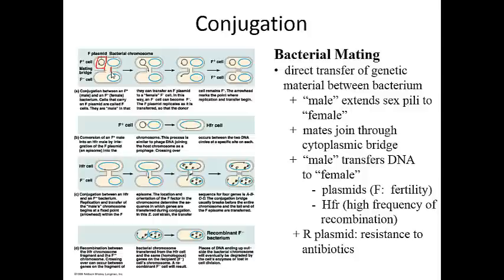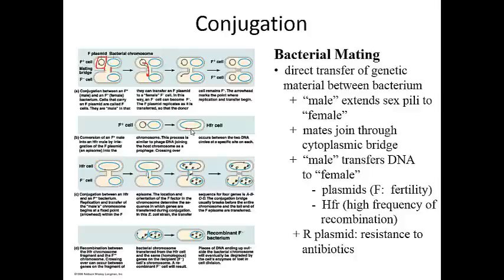Once that cytoplasmic bridge forms, that plasmid can then be replicated and move to the second bacteria. Once that bacteria receives the F plasmid, it then has the ability to now create a sex pili for itself. When a bacteria receives the F plasmid, that F plasmid is going to insert itself into the bacteria's DNA.